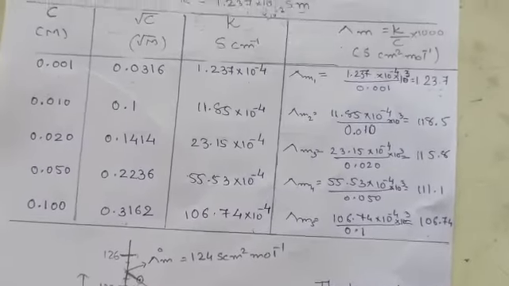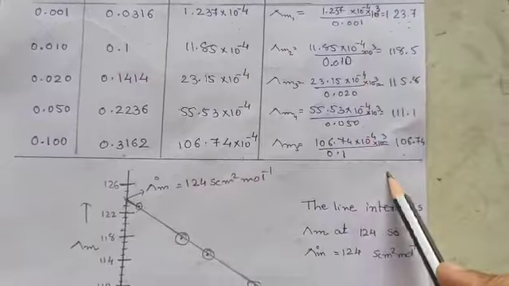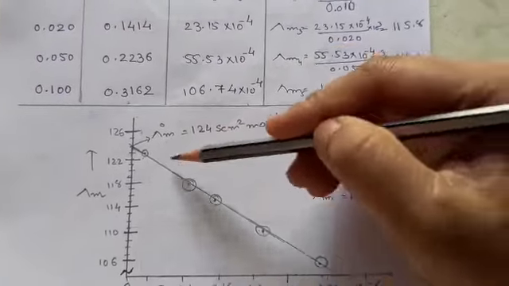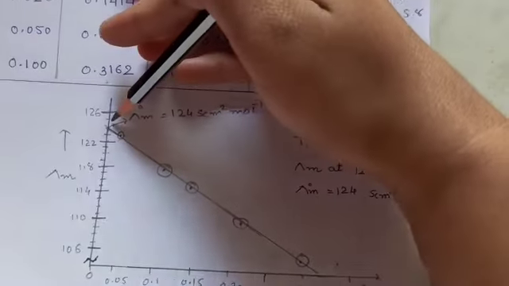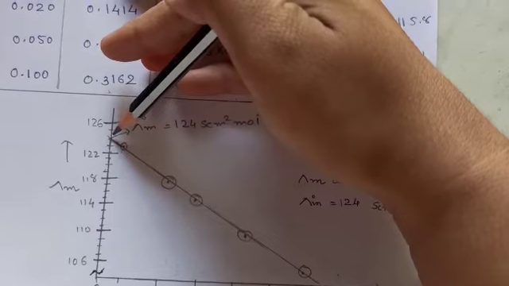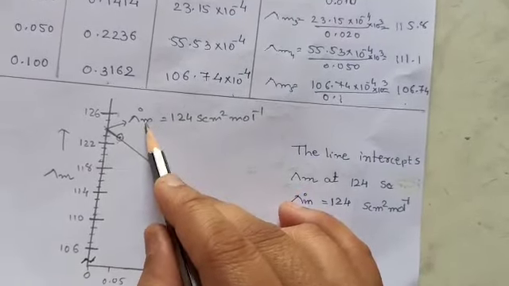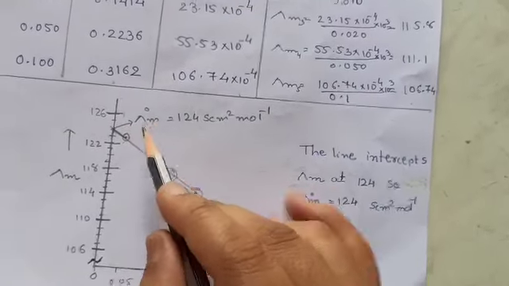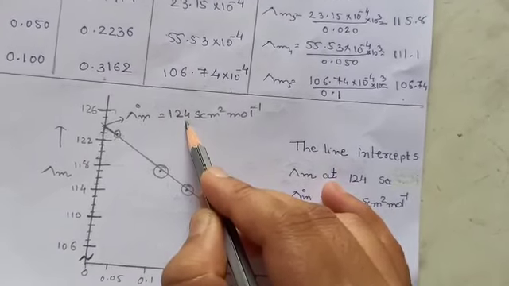Plot all points from this value and you will get a straight line. We have to extend that straight line. When the straight line intersects the y-axis, it will be our lambda m naught. So lambda m naught will be 124 Siemens centimeter square mole inverse.